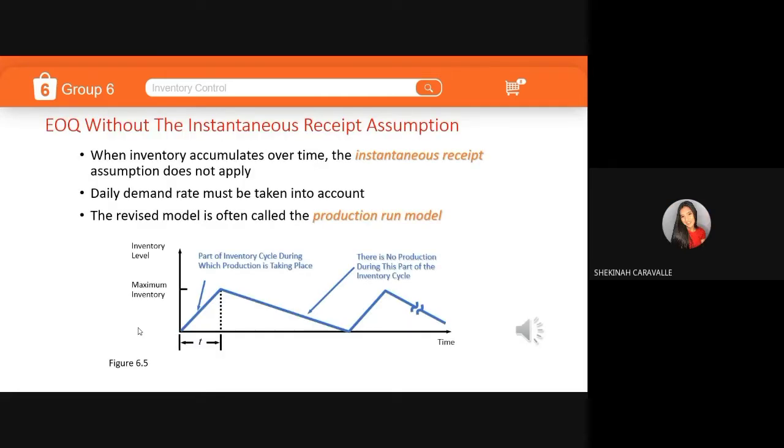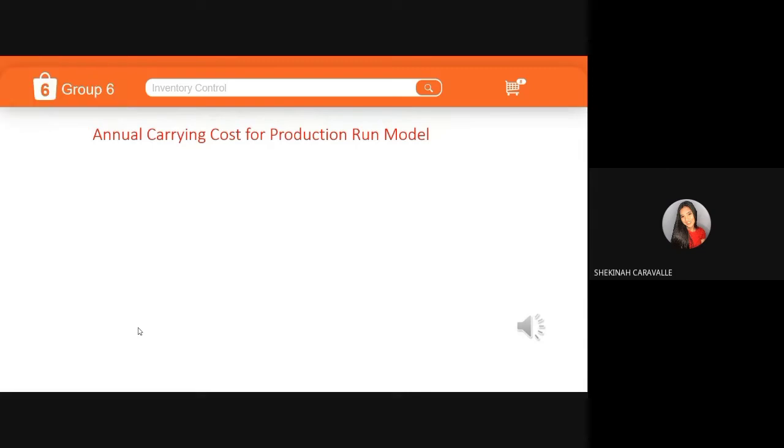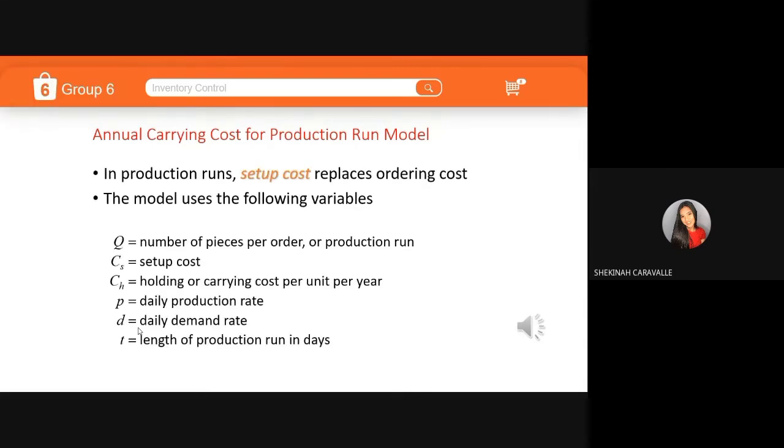EOQ without the instantaneous receipt assumption. When inventory accumulates over time, the instantaneous receipt assumption does not apply anymore. Daily demand rate must be taken into account. The revised model is often called the production run model. In a production process, instead of having an ordering cost, there will be a setup cost.